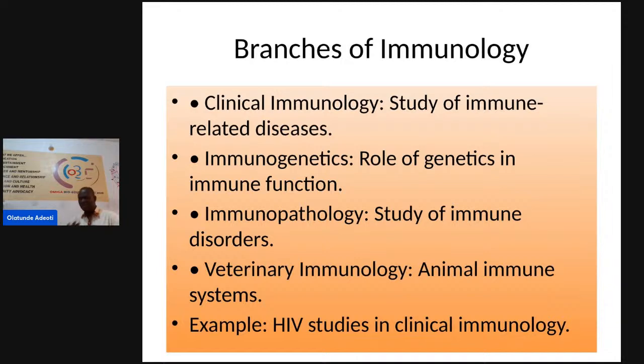That is when the immune system is deficient, when the immune system is under pressure, already pressed down, already overwhelmed. So there are some illnesses that are going to come up. That's why we said clinical immunology is the study of immune-related diseases.